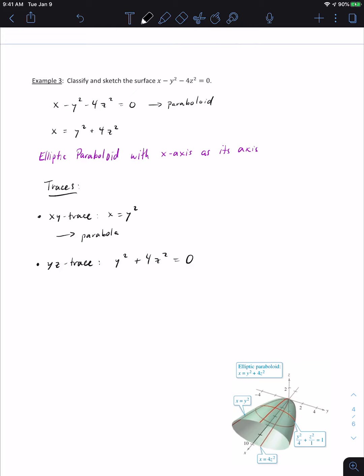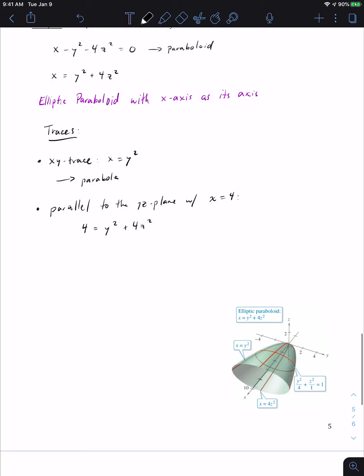It's a little bit awkward, but that doesn't really tell us anything. So instead of looking at the yz trace, we're going to look parallel to the yz plane with, let's just say, x equals 4. If I let x equal 4, then I get 4 is equal to y squared plus 4z squared.